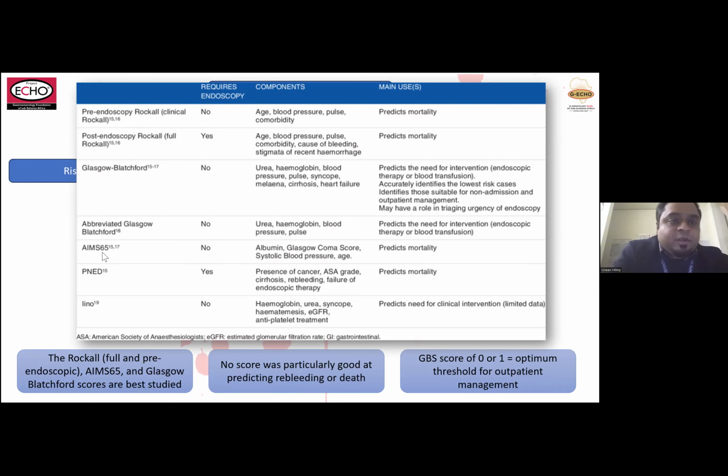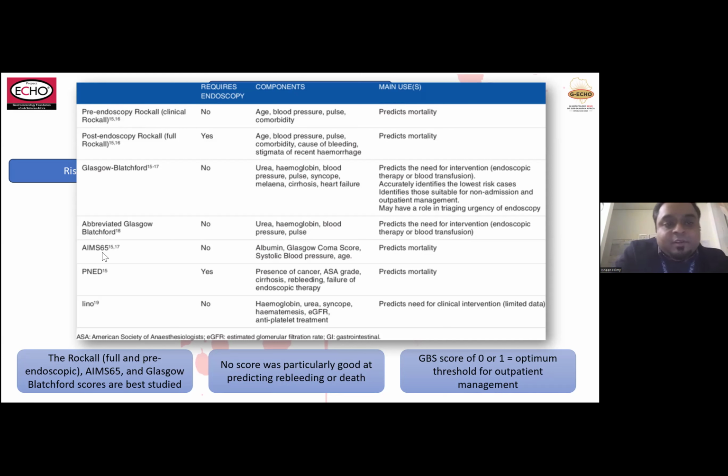Obviously, one would use a pre-endoscopic score to determine how soon the patient needs a scope. So we have the Rockall classification, AIMS65, and the Glasgow-Blatchford score, which are the best studied out of all. However, no score is particularly good at predicting rebleeding or death.